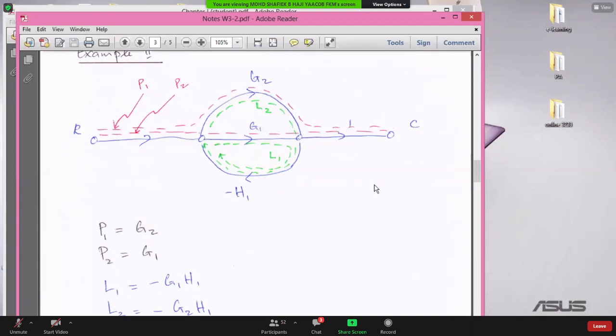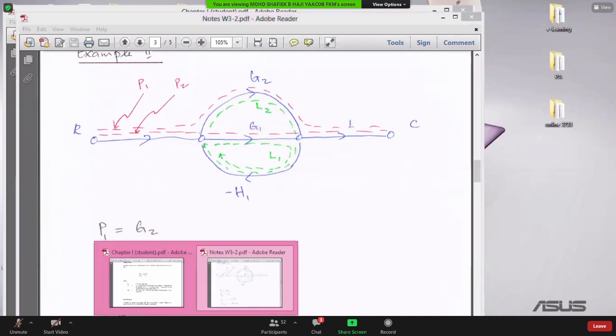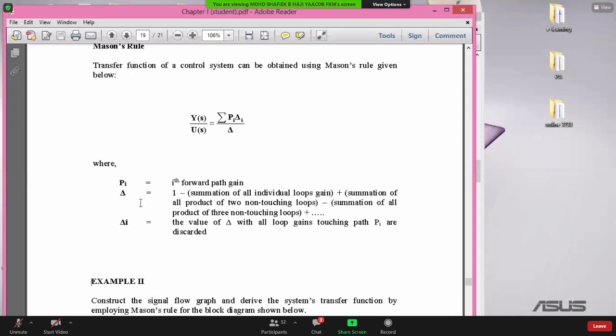Now you need to determine the determinant, delta. What is delta? Delta is 1 minus the summation of all loop gains, plus the summation of all products of two non-touching loops.